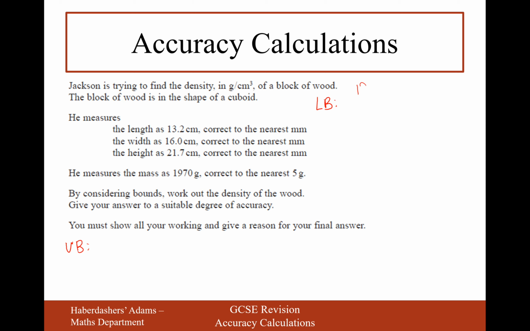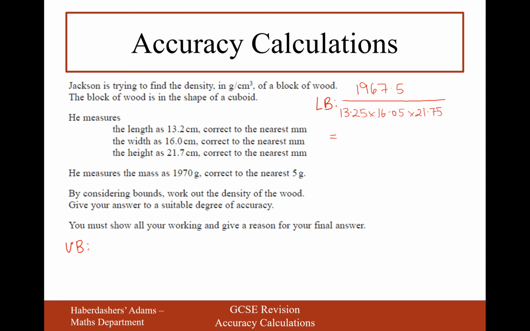So it's going to be 1967.5, that was what the lower bound would be to the nearest 5 grams. Divide that by, we're going to be dividing by as much as possible, so it's going to be 13.25 times 16.05 times 21.75.